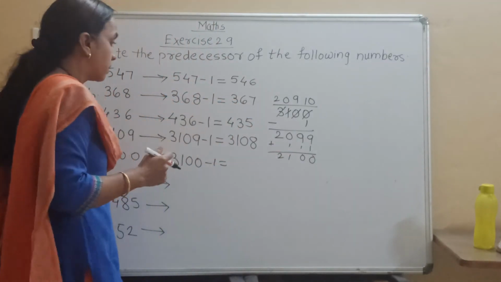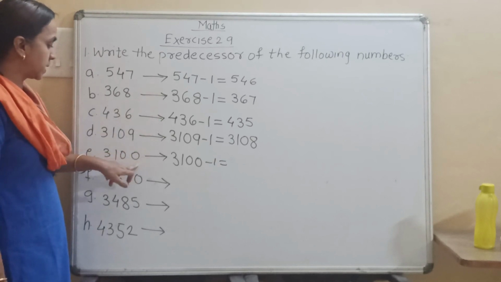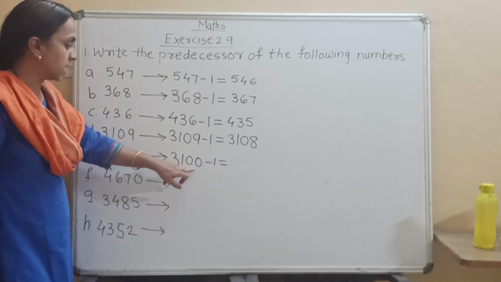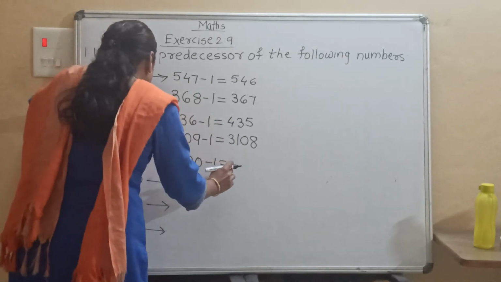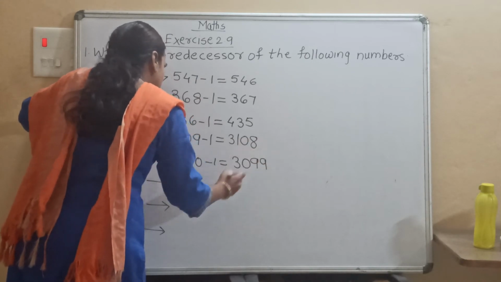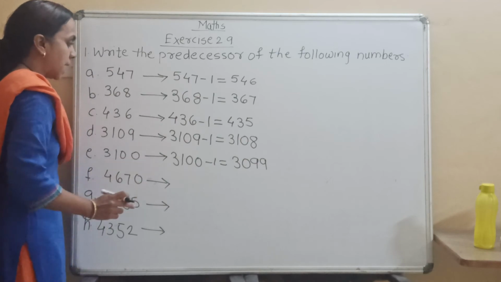Correct? Now see 3100. So the predecessor of 3100 is 3100 minus 1 equal to 3099. The previous number of that number is our answer.